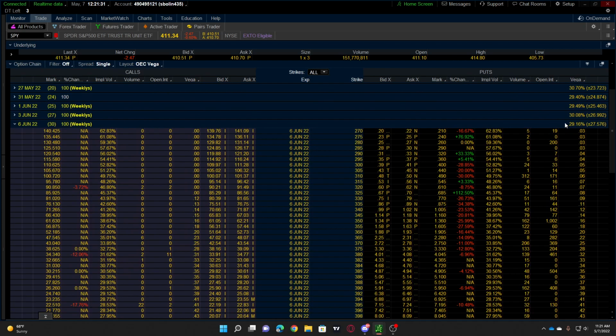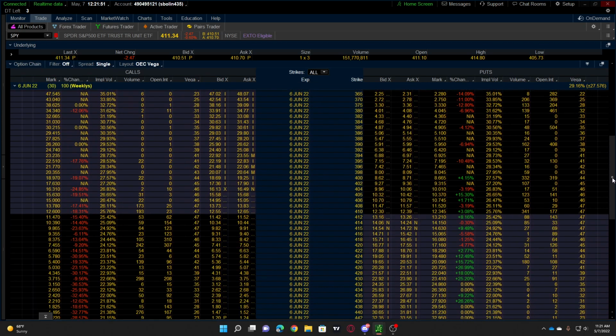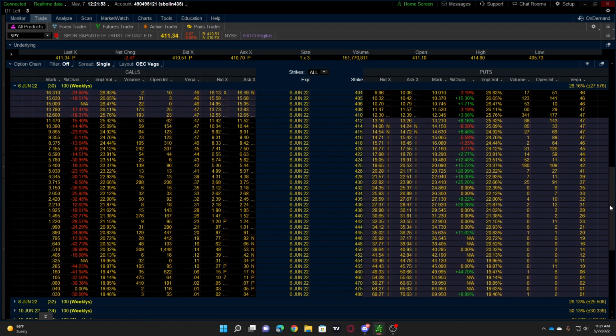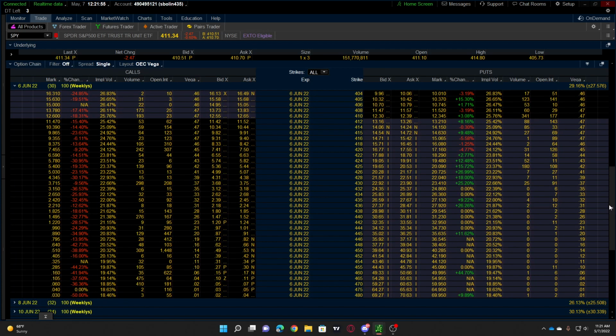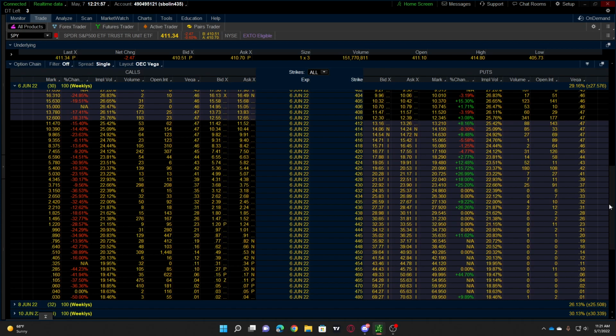Now remember, the number on the side here is the aggregate average. It's looking at all of the out-of-the-money options on the call side and the put side, and it's averaging all of those implied volatility values. But it's worth noting what the implied volatility extremes are and what its minimums are.